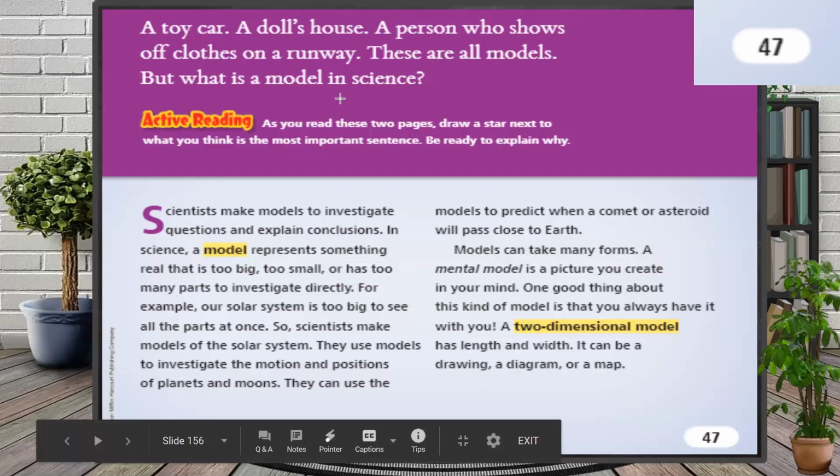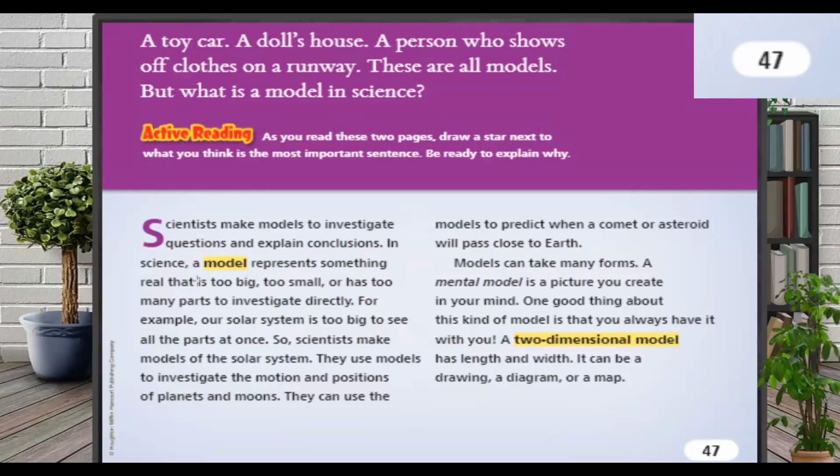Now, can you read for me, Talia, what is a model? A model represents something real that is too big, too small, or has too many parts to investigate directly. Yes, directly.